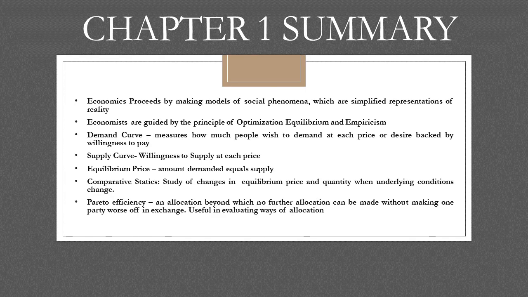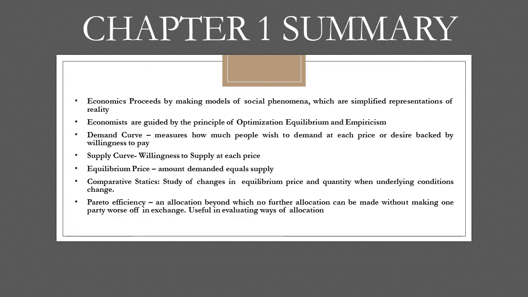Now to summarize the chapter, we started off with building a simple model, that is a simplified representation of reality to explain a particular social phenomenon, underlined by simplifying assumptions as well. Then we talked about the key principles to be adhered to while dealing with any problem, that is optimization, equilibrium, and empiricism.